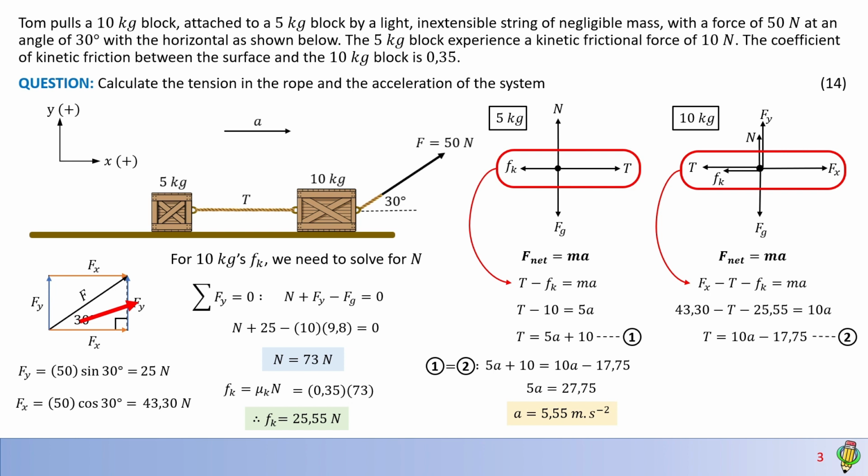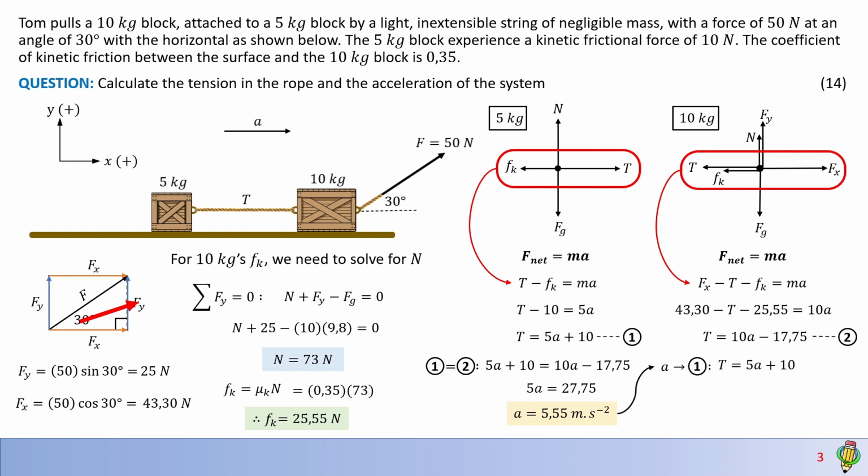Now for the tension force, you can either use equation 1 or equation 2 to substitute the value for acceleration. Then you'll get your tension, and both of the equations should give you the same answer. Always check both of them to make sure that your calculations are correct. In this case, I'll choose to substitute A into equation 1.